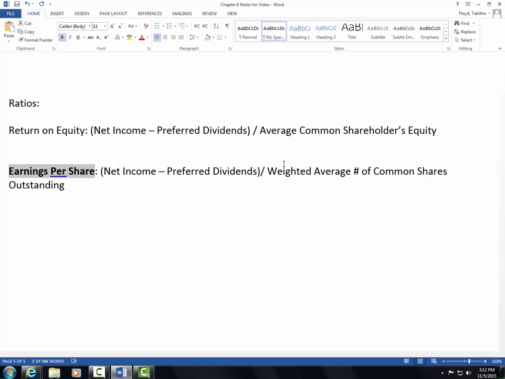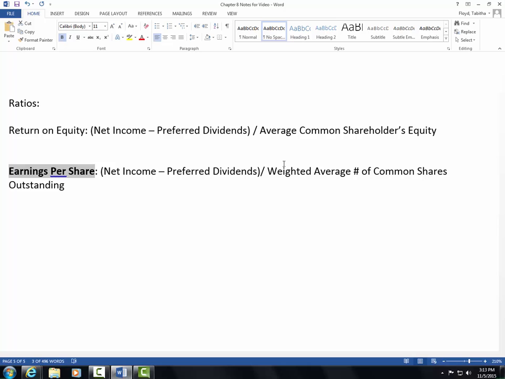But if they had a certain number of shares outstanding for a part of the year, then we're going to weight that. Say the company had 100,000 shares for the first 3 months of the year, so we would take 100,000 and multiply that by 3 divided by 12. And then if the company issued another 10,000 shares, then they had 110,000 outstanding for 9 out of the 12 months.